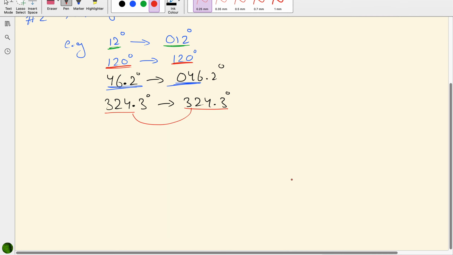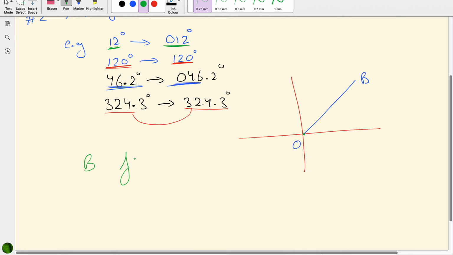Now before we proceed, you should have this understanding that whenever you are asked about a bearing, suppose this grid is already given and the examiner asks you to find the bearing of B from O. So you should always consider or draw this sign at O. So if I have this sign at O, my actual answer is clockwise this.